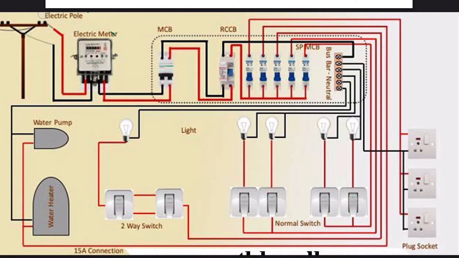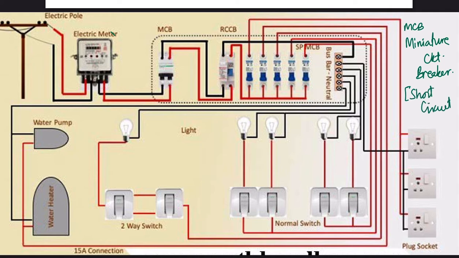The miniature circuit breaker is basically a device which is used to cut off the supply in the event of a short circuit. MCB is a miniature circuit breaker, and it is used to cut the supply in the event of a short circuit.